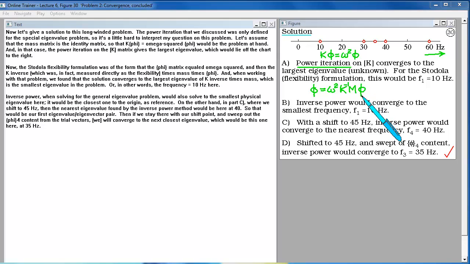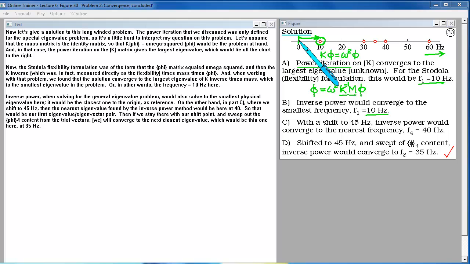And when working with that problem, we found that the solution converges to the largest eigenvalue of K inverse times mass, which is the smallest eigenvalue in the problem, or in other words, the frequency equals 10 Hertz here. Inverse power, when solved for the general eigenvalue problem, would also solve to the smallest physical eigenvalue here. It would be the closest one to the origin as reference.